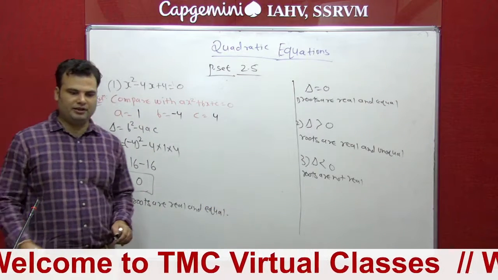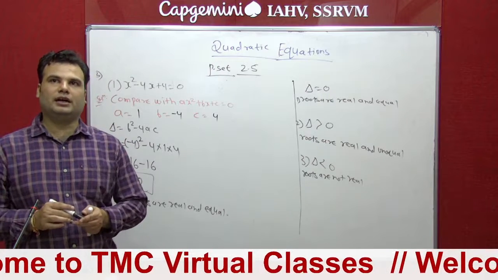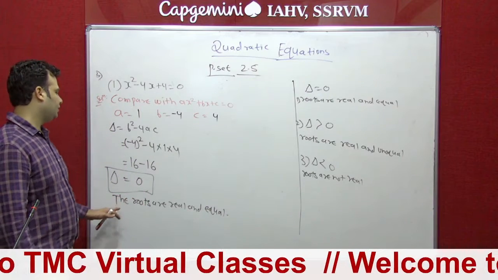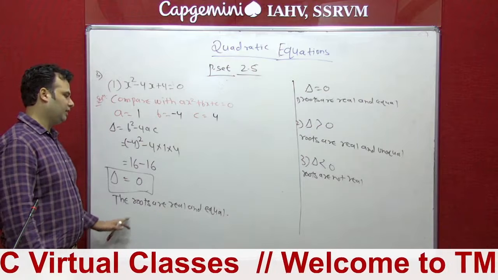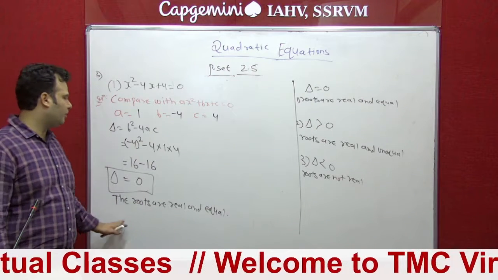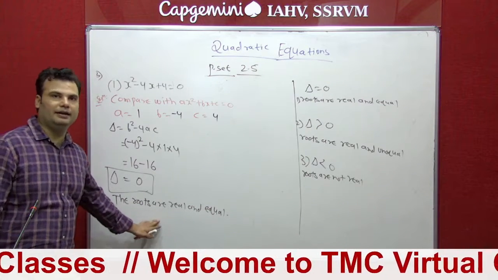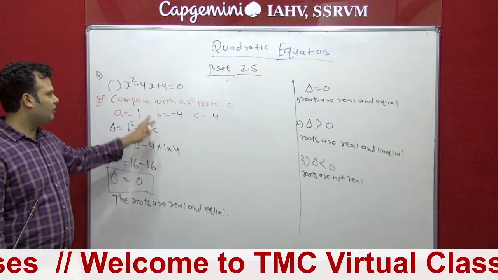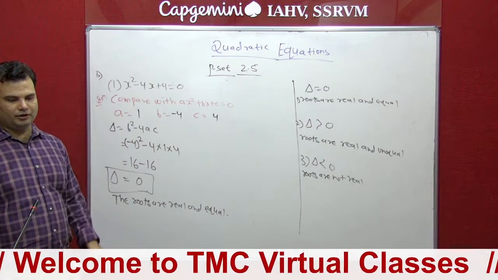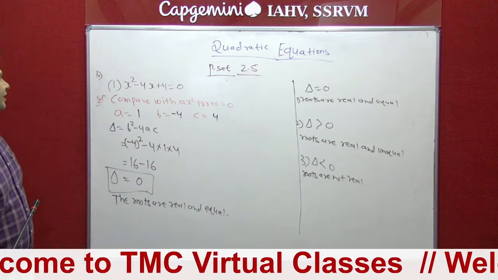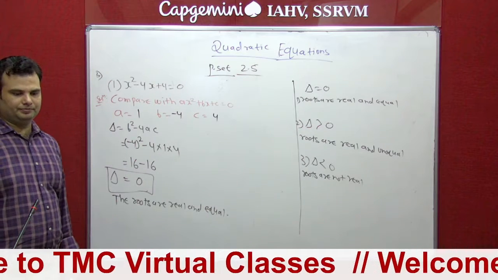So we can write in a simple way, roots are real and equal. So the given quadratic equation has roots that are real and equal. This way also you can write it. So this is the simple method you have to follow in sum number 1. If you want to take a screenshot, you can take it. Then we can proceed to the next sum.